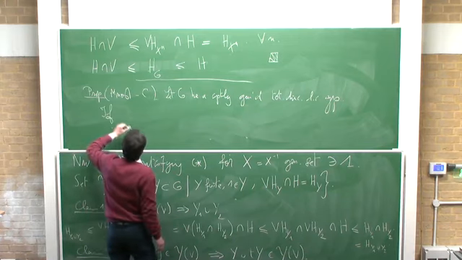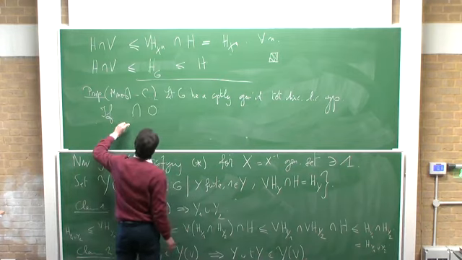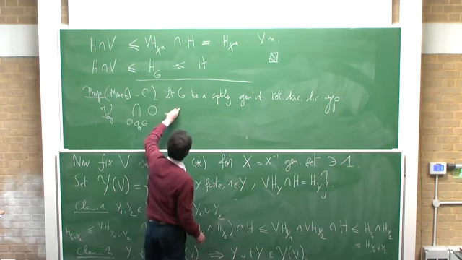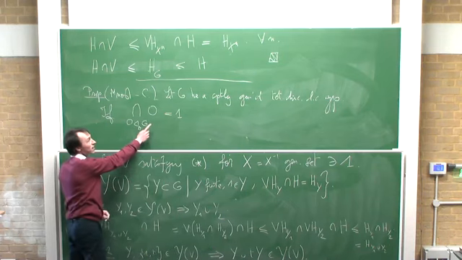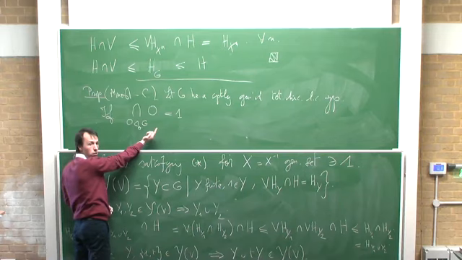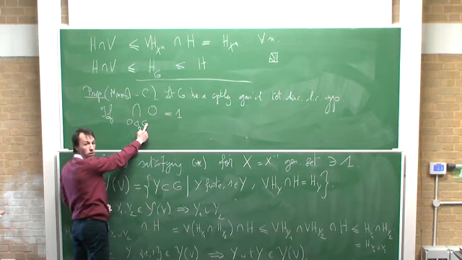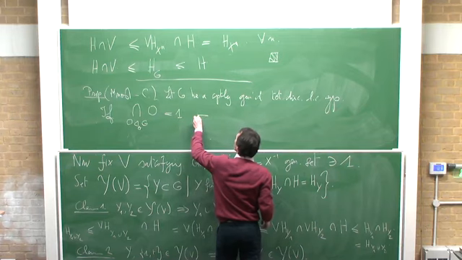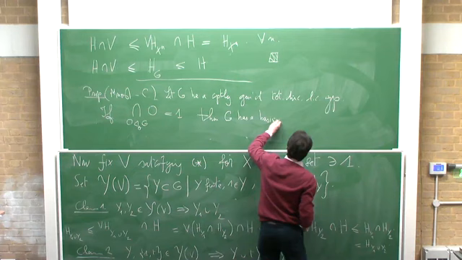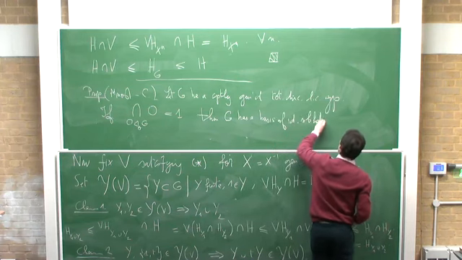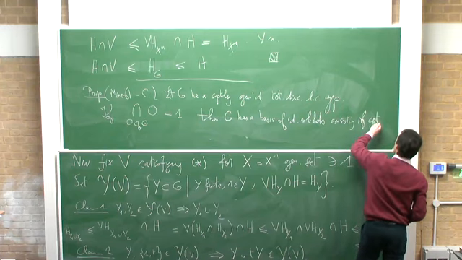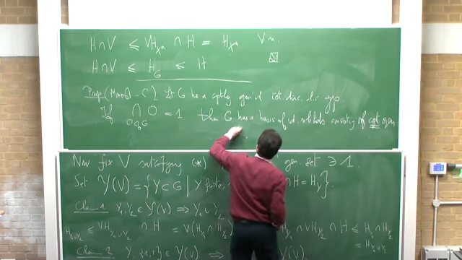If the intersection of all open normal subgroups of G is trivial, so this is saying that G is residually discrete, every element of G which is non-trivial remains non-trivial in some discrete quotient of G, then G has a basis of identity neighborhoods consisting of compact open normal subgroups.